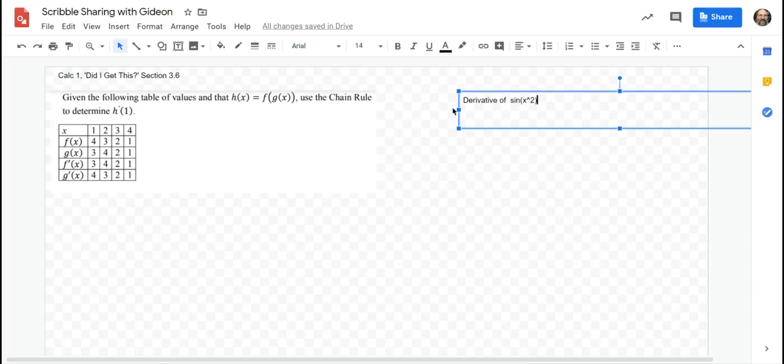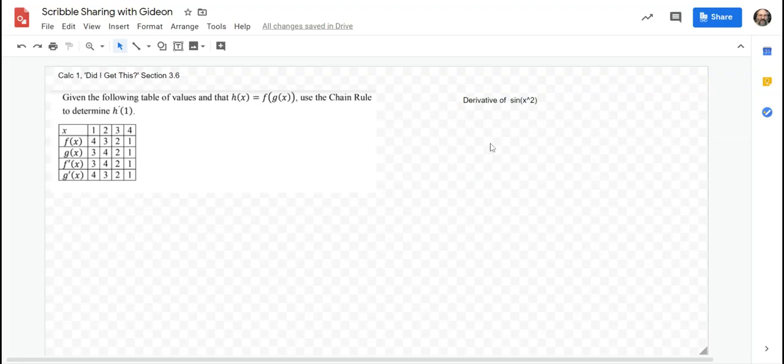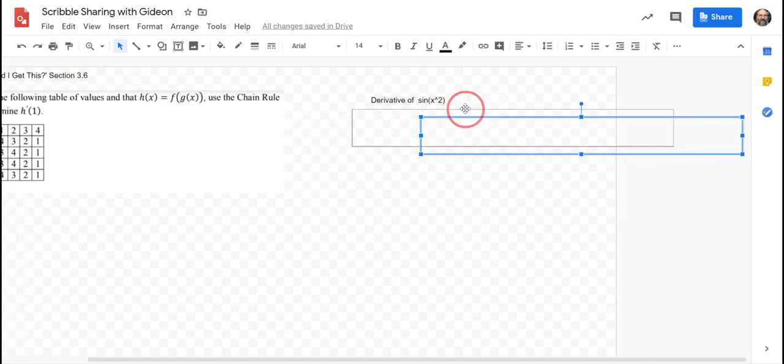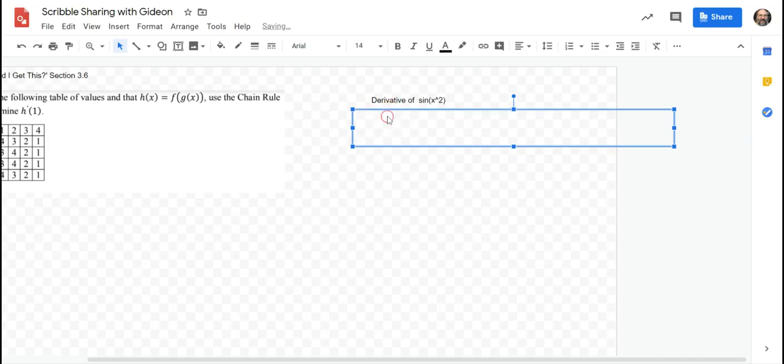What I'm trying to do here is make the connection f of g of x. Sine is the f, and x squared is the g of x. Well, when we do the derivative of sine of x squared, if you've gotten proficiency with the algebraic approach, the answer would be pretty simple. It's not meant to be hard.